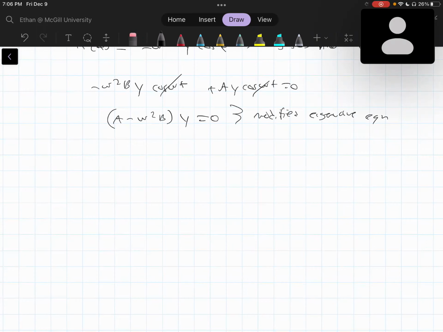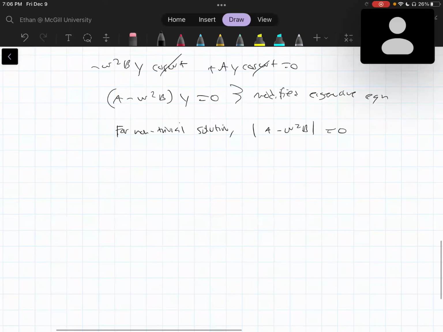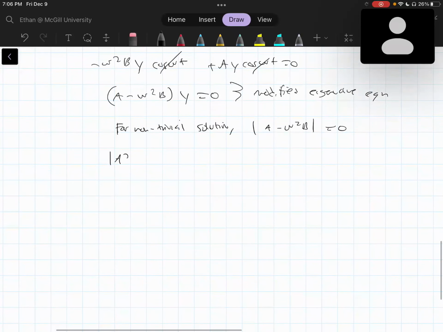So the determinant of A minus omega squared B is equal to 0. So let's solve this.